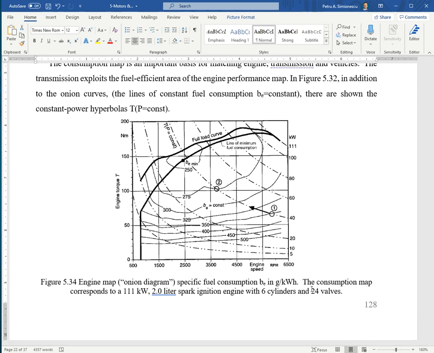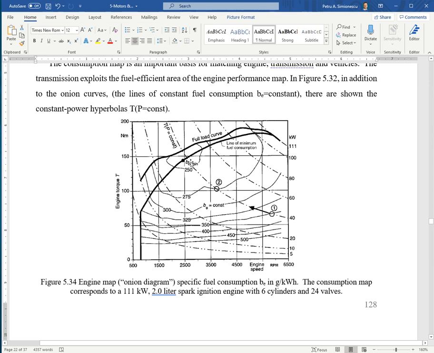With automobiles, everybody knows the driver is responsible for actuating the throttle. But when you cruise the car and you put it on cruise control and you set it for 70 miles per hour, the high speeds on a highway, you would like to have the engine operating at best specific fuel efficiency.